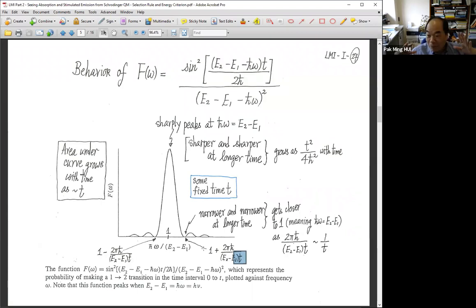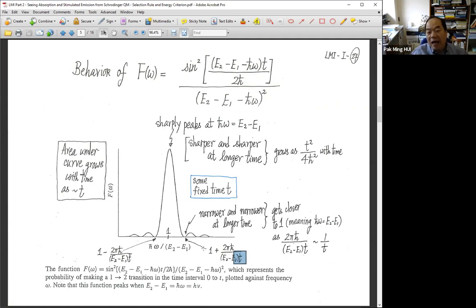Do you follow what I'm saying? At a later time, the peak value shoots up, goes like t squared. The width of this central thing gets narrower. The width is still 1 over t, but t is longer, so the width is smaller. But the area under the curve remains something that goes like t.